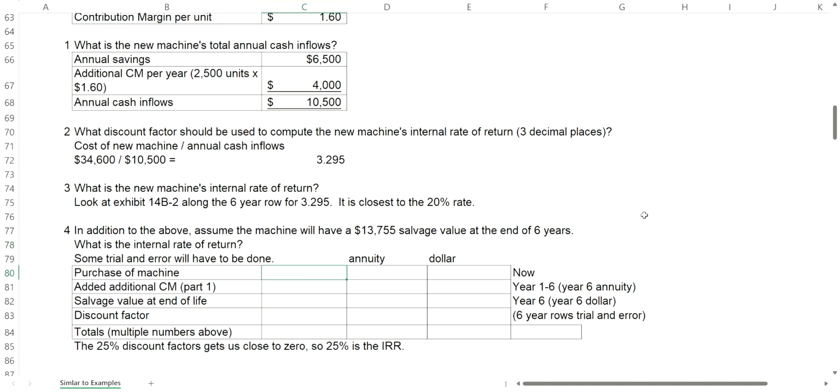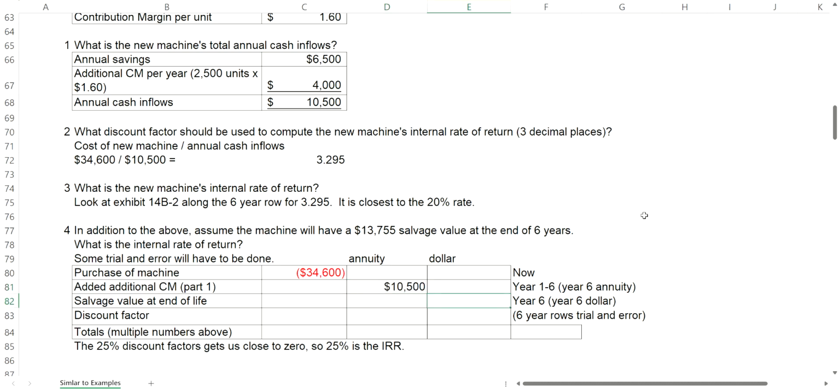Okay, so we'll start with what we know. The purchase price of the machine will set us back $34,600. Now, it will be an annuity, as we will get an additional $10,500 in cash inflows each year.